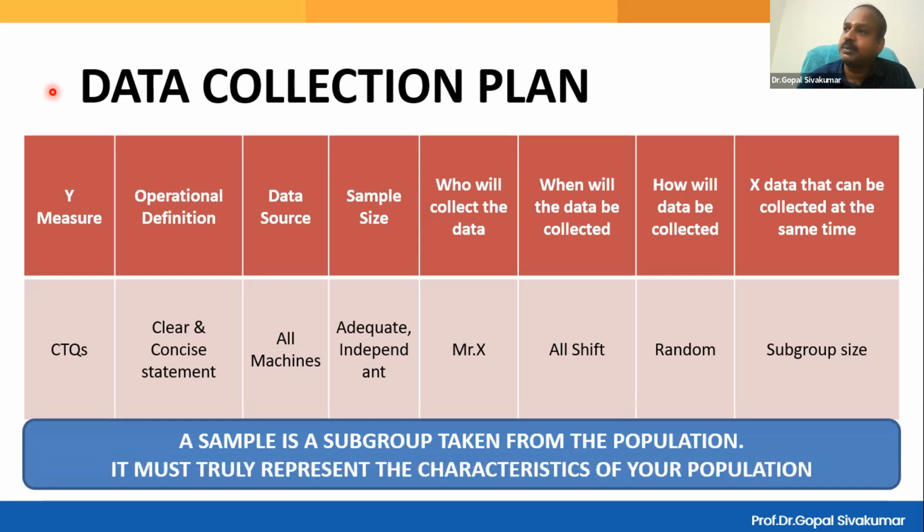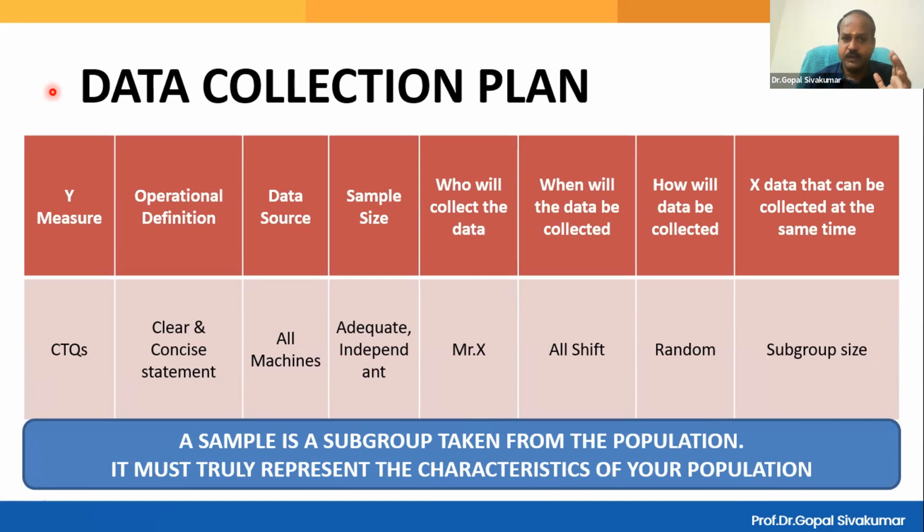So ultimately a sample. Each subgroup can have a different sample size or the same sample size. Generally, your subgroup size can be constant or variable, but for continuous data, subgroup size must be constant. But for discrete data, your subgroup size can be different.